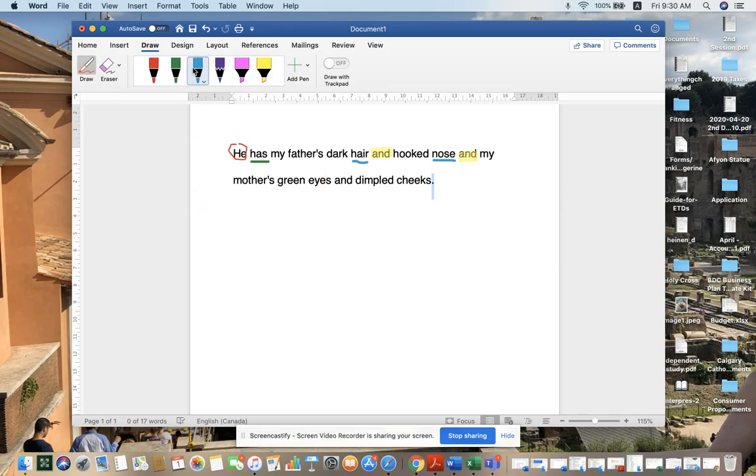Eyes. And cheeks. Okay? So notice that with the three ands here, we have 1, 2, 3, 4 direct objects telling us what he has. He has hair, nose, eyes, and cheeks. That is the main idea of the sentence.